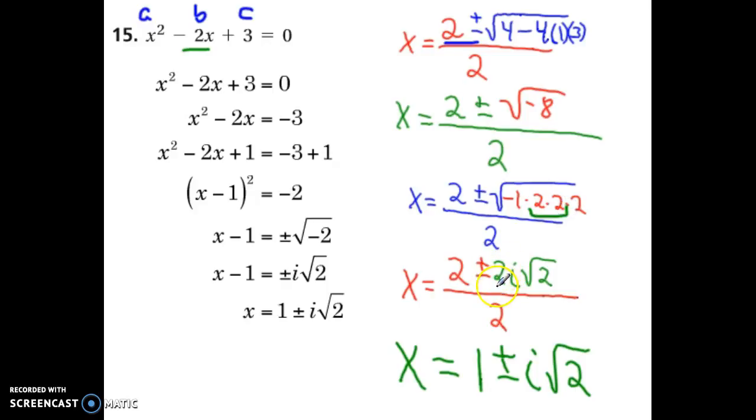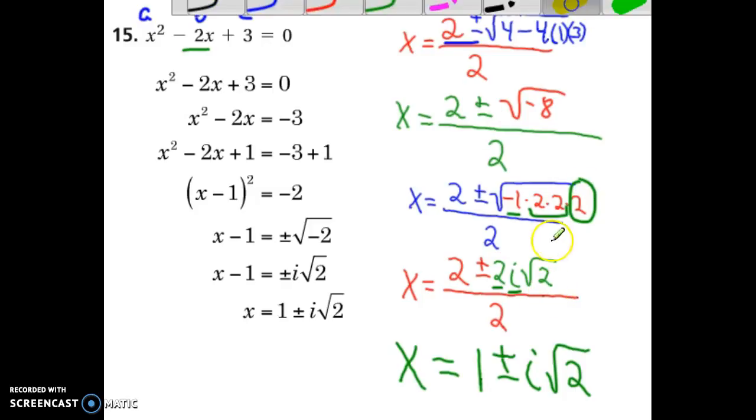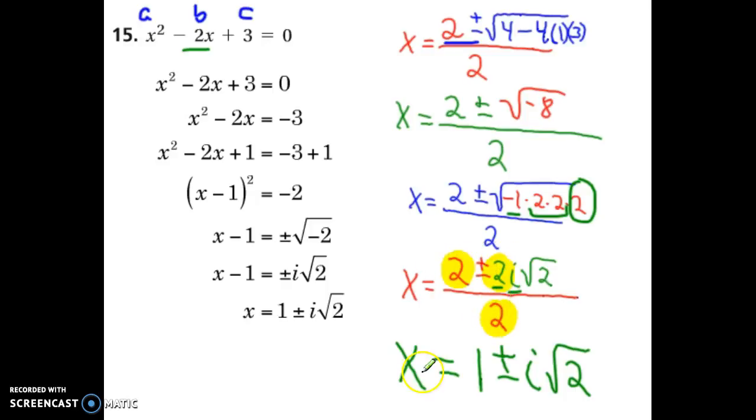That's where this 2 came from right here. Square root of negative 1 is the imaginary number, so that's where i came out. This 2 stays under the radical, square root of 2. Then I noticed in this problem that I have a factor of 2, 2, and 2. So they all reduce by 2. So that's how I got this imaginary number.